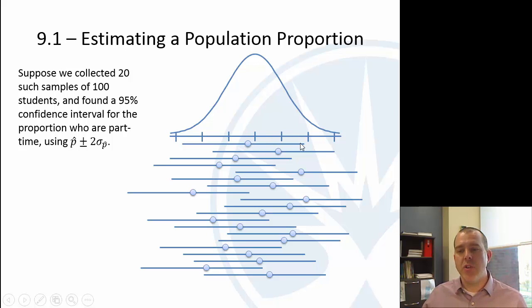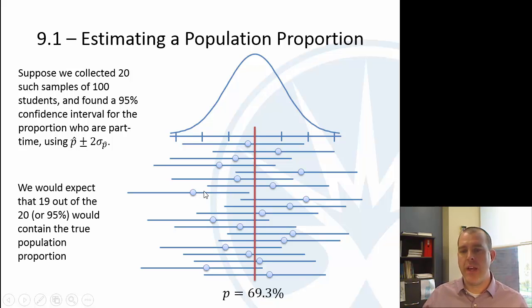So if I'm within 2 standard deviations, my confidence interval includes the true population proportion. Sometimes, though, it doesn't. So I have this example right here that does not include that proportion, but the rest of them do. 95% of them do, because 95% of the sample proportions are in here. So if I use a width of 2 standard deviations, 95% of the time I'll catch that true population proportion.